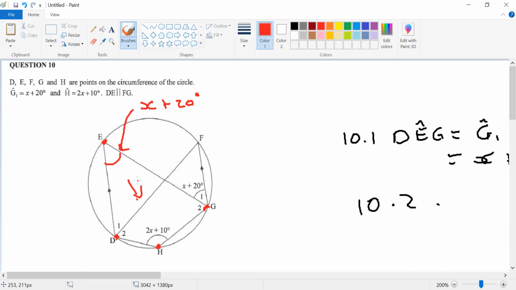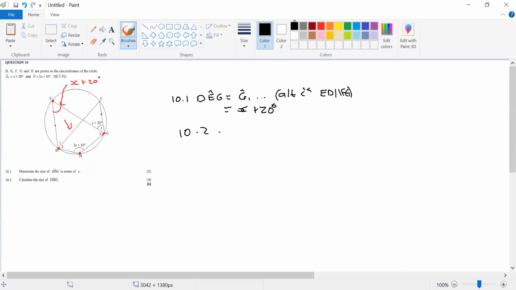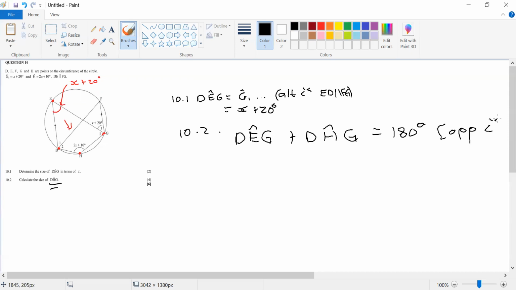So all I have to do here is create my equation, which is going to state that angle DEG, which is the angle I calculated in the previous question, plus angle DHG, which is the angle that I actually need to calculate here, is going to be equal to 180 degrees. And the reason for this is these are the opposite angles of a cyclic quadrilateral.